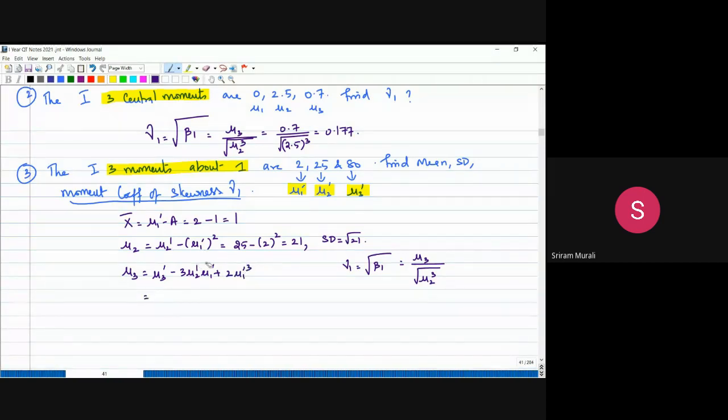This is equal to 80 minus 3 into 25 into 2 plus 2 times 2 cube, which is equal to minus 54. If I substitute here, minus 54 divided by square root of 21 cube, this is equal to minus 0.561. Is that clear?